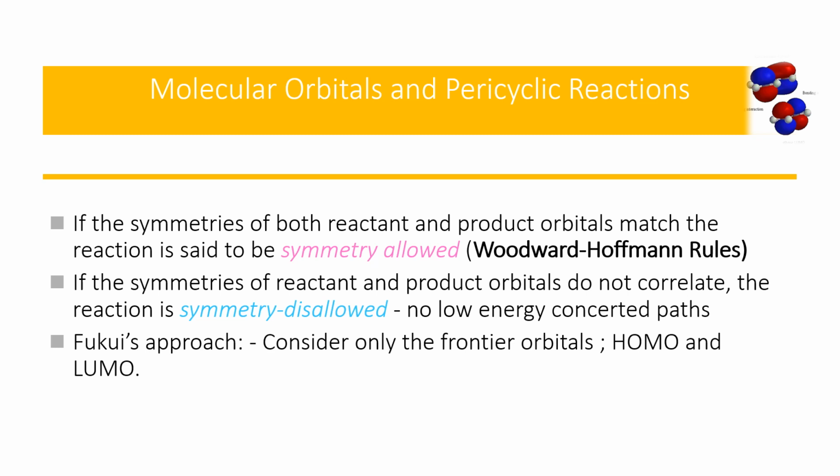If the symmetries of the reactants and product orbitals do not correlate, the reaction is symmetry disallowed, i.e. there's no low-energy concerted path. And according to Fukui's approach, we have to consider only the frontier orbitals, i.e. the HOMO and the LUMO of these species.